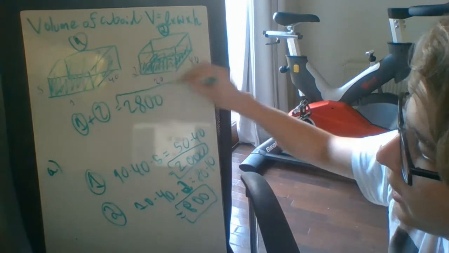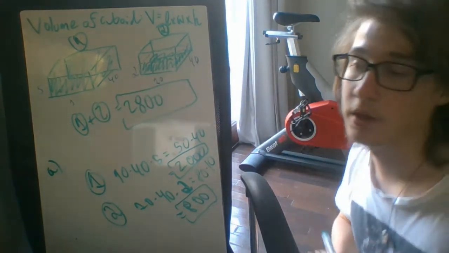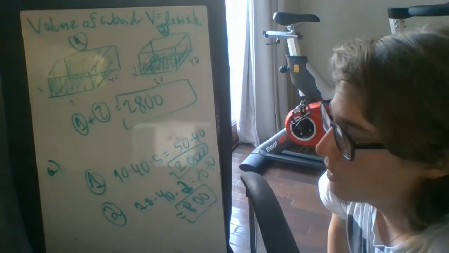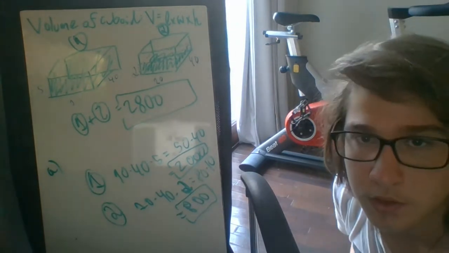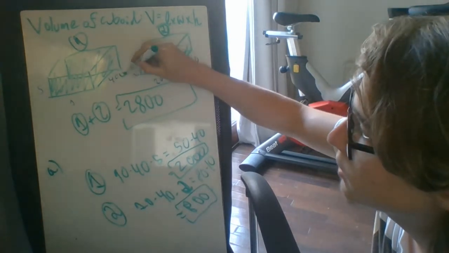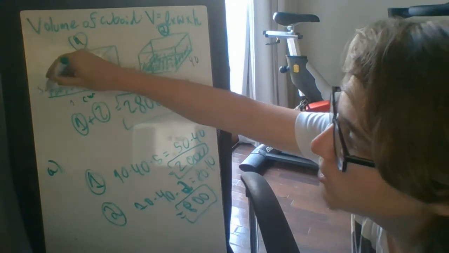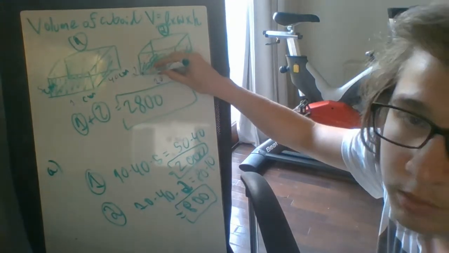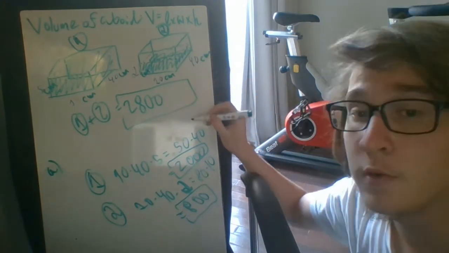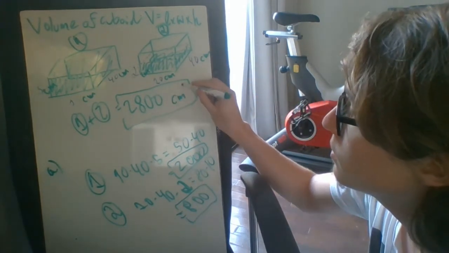And we're not done yet because in pretty much every geometry problem, you're going to deal with units. In this scenario, they tell us that these are centimeters. This is the small text and the place where they can take points away. Since we're talking about volume, it's going to be centimeters cubed.